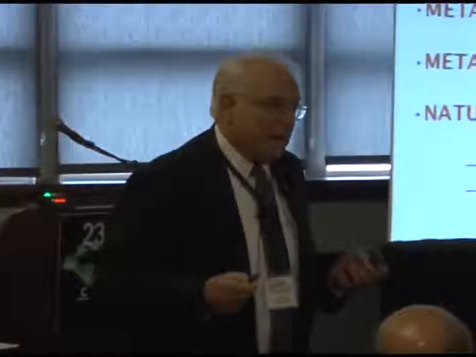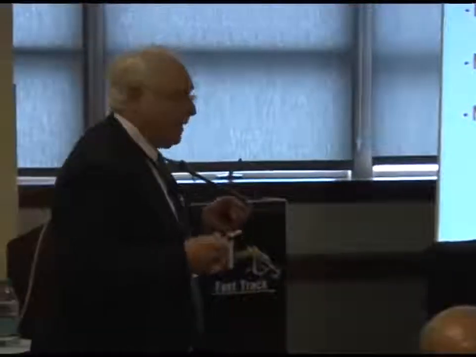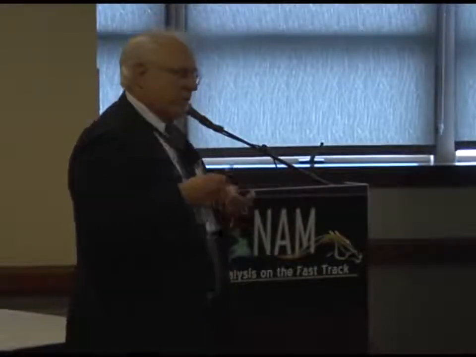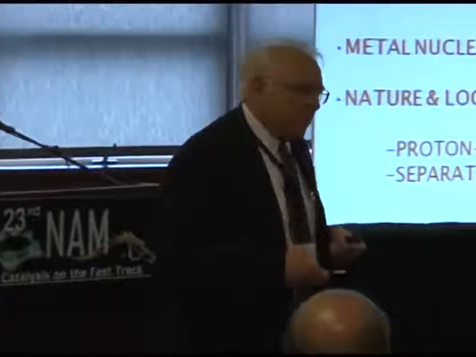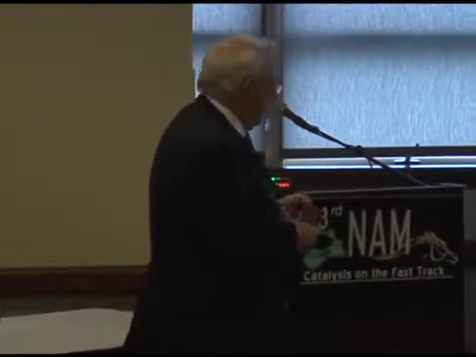We can change the metal nuclearity. What I mean by nuclearity is the number of metal atoms in the catalytic species. So if we have a dimer, it's dinuclear, trimer, etc. Okay, and then we can change the groups on the support surface that may complement the metal complex or cluster in the catalysis. So we're going to illustrate these more or less in this order.